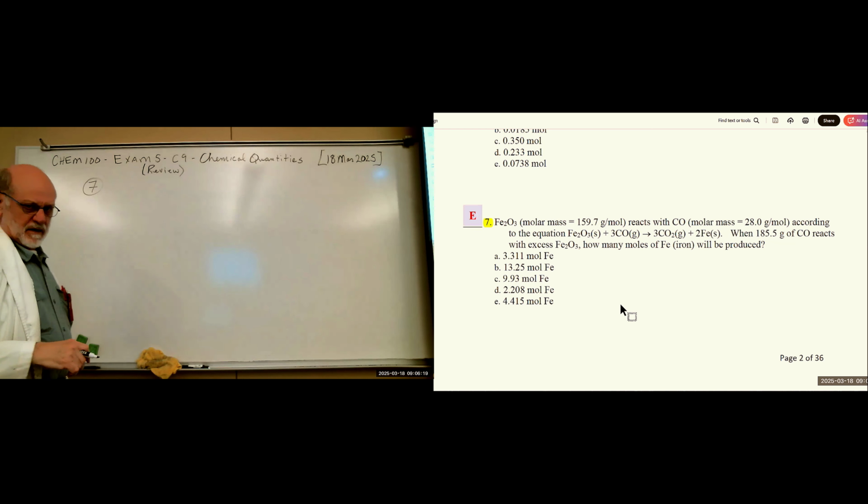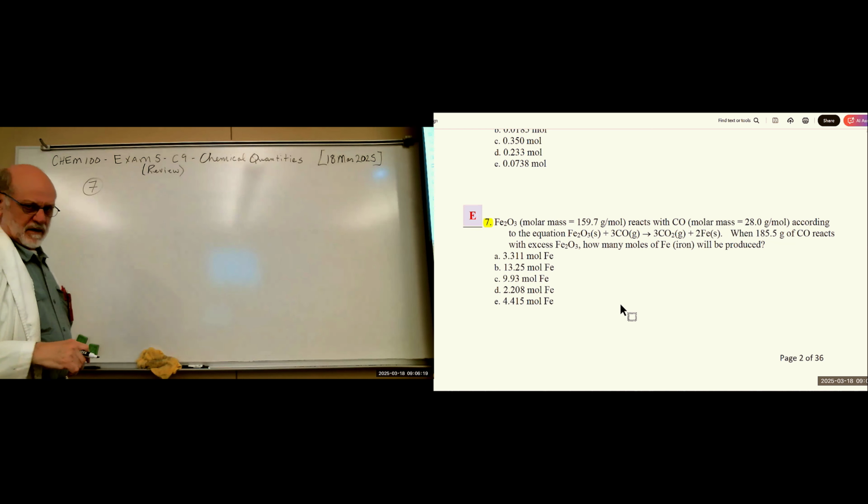Fe2O3 is a solid, reacts with carbon monoxide, and yields carbon dioxide plus iron metal. And this one also is a balanced equation. So you don't have to write the compounds from the names, and you don't have to balance the equation. So it's simpler that way.